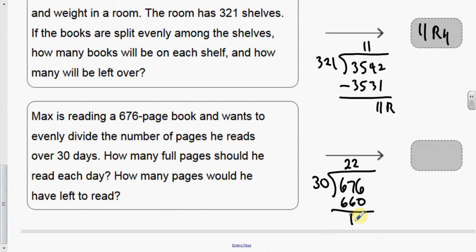Here with remainder 16. So 22, remainder 16.